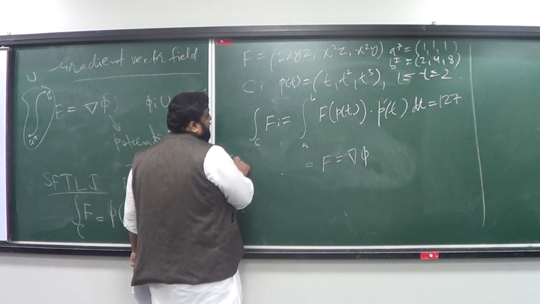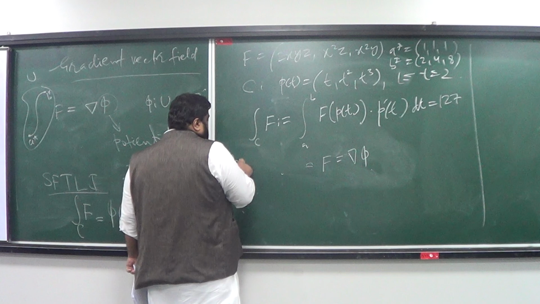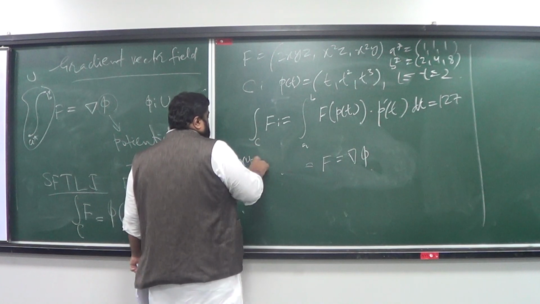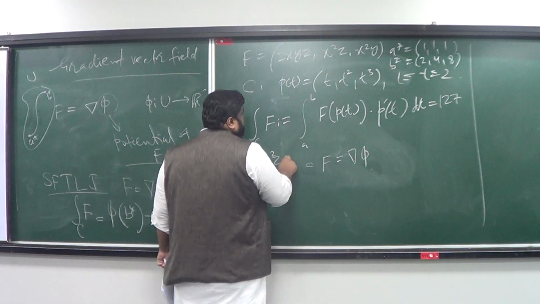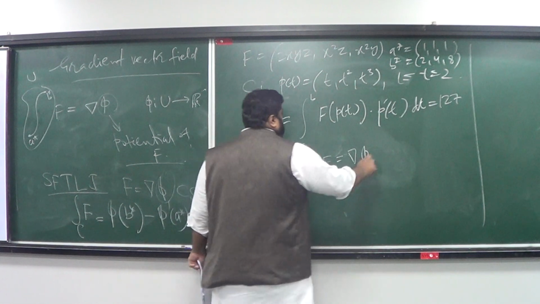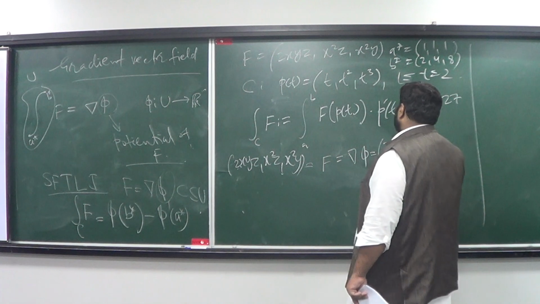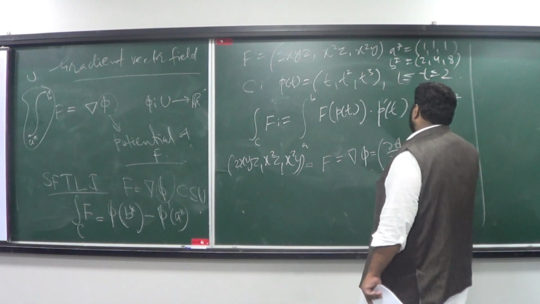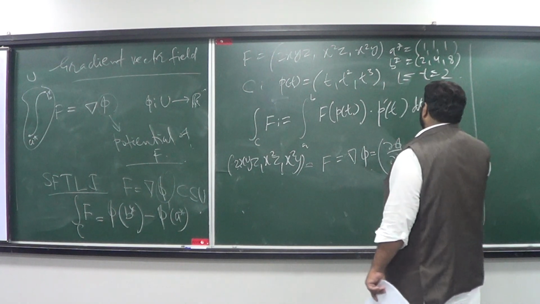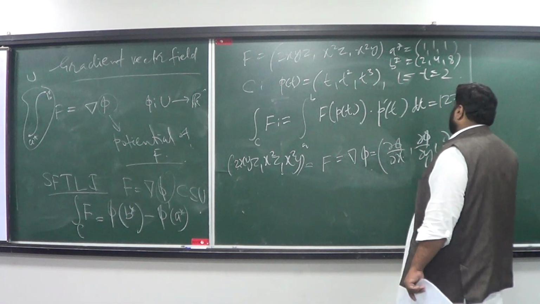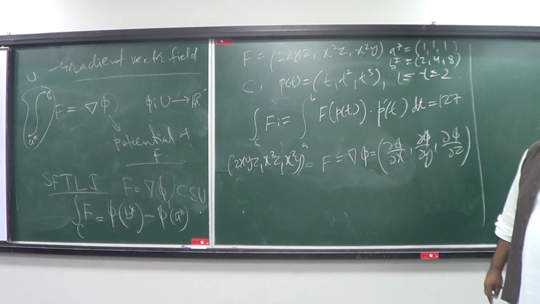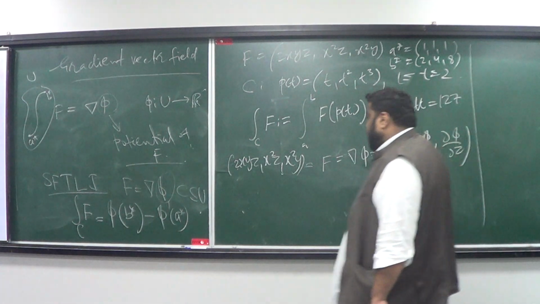So F is like this: 2xyz, x²z, and x²y. And the gradient of phi is what? It's partial phi by partial x, partial phi by partial y, and partial phi by partial z. We're going to compare them, where phi is unknown.